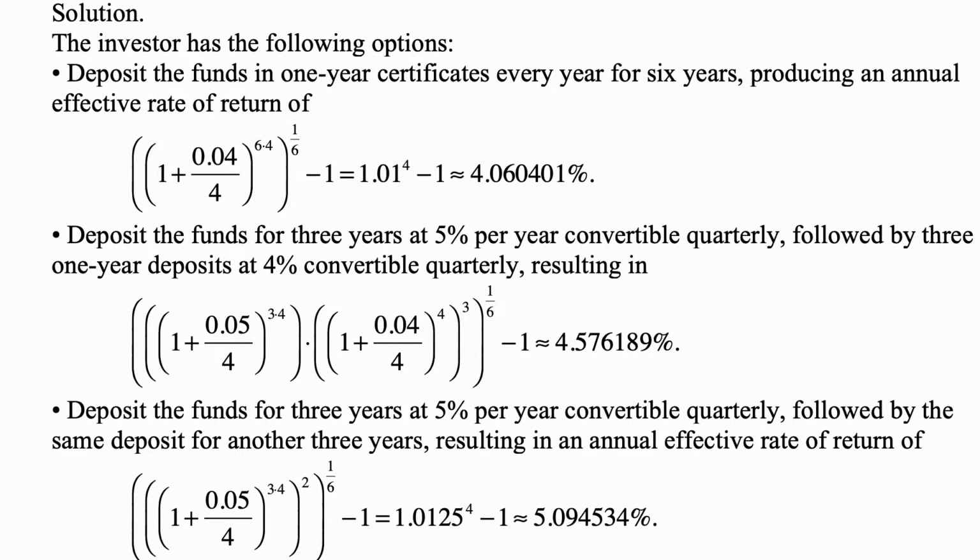And then the whole accumulation factor we take to the 1/6 power to switch it to 1 year, and then subtract 1 to get the annual effective interest rate, and that comes out to be 4.576189%.